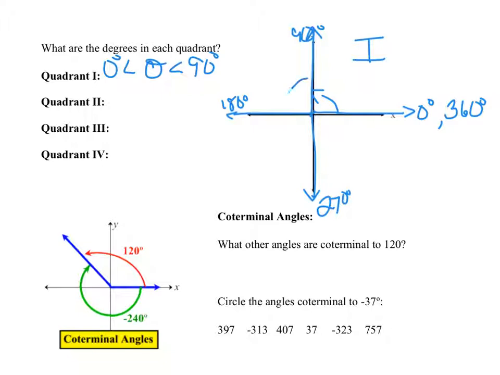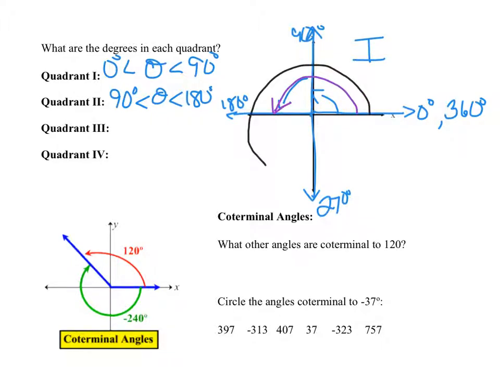So quadrant 2 goes from here to here, so that's between 90 and 180. That's quadrant 2, but the angle, mind you, would go from here all the way over to there. So then finally, well, not finally, but almost finally, if I have a quadrant 3 angle, let's say it goes all the way to here, it could go anywhere all the way up to 270.